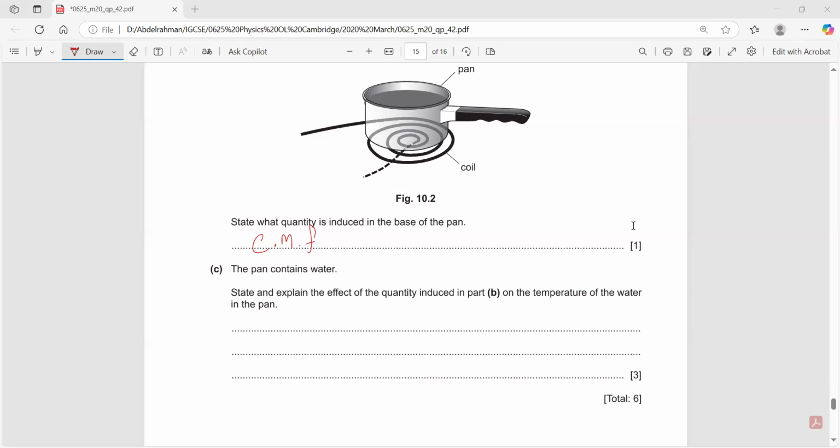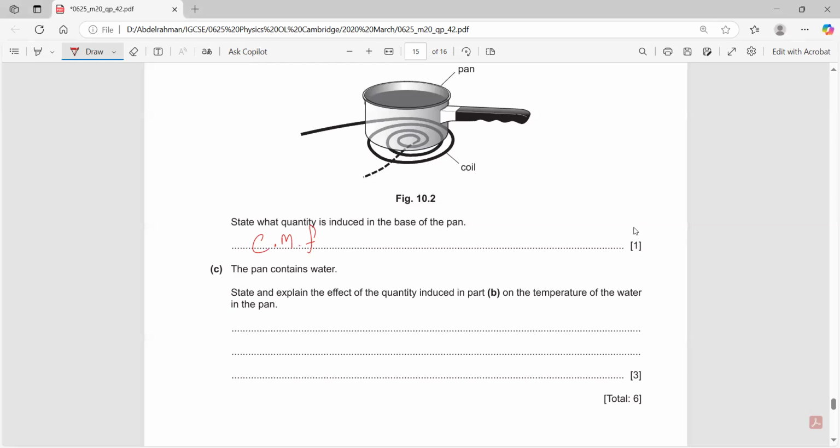If you have a voltage, then you will have a current. So this current increases the temperature by increasing the amount of kinetic energy and heat energy in the pan.